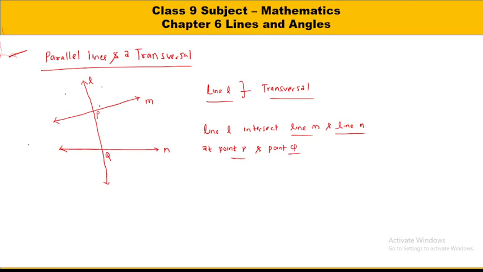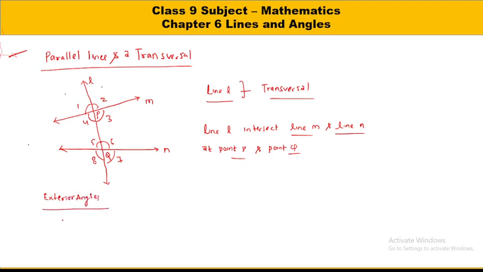Here it makes some angles. Let us name these angles: angle 1, angle 2, angle 3, angle 4, angle 5, angle 6, angle 7 and angle 8. We are having here exterior angles.